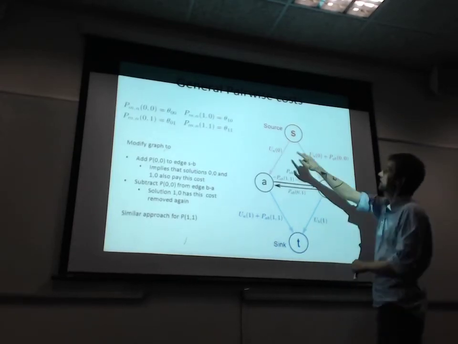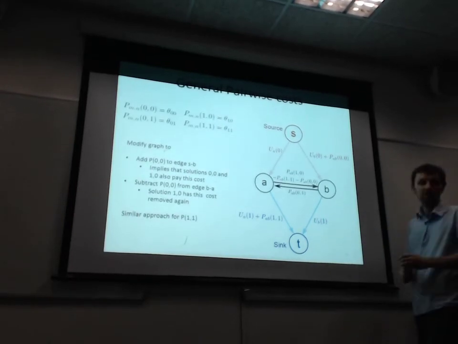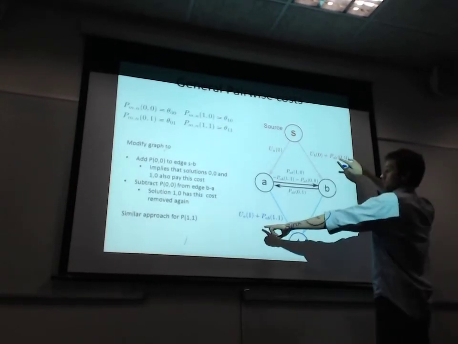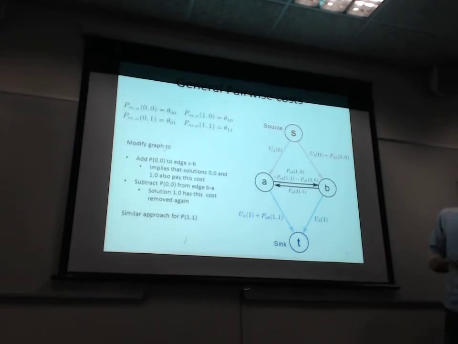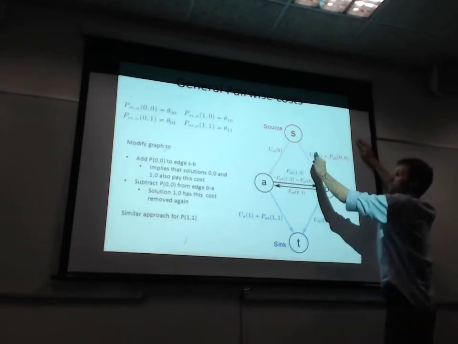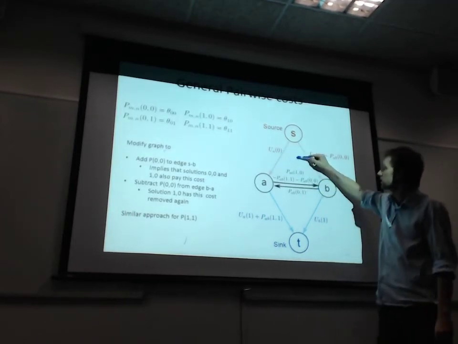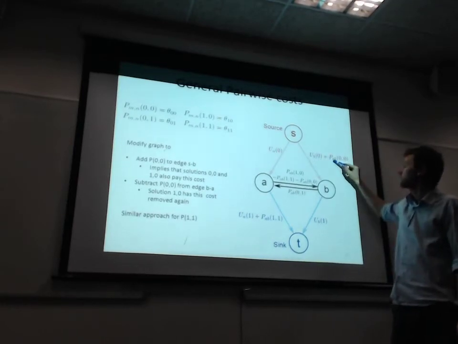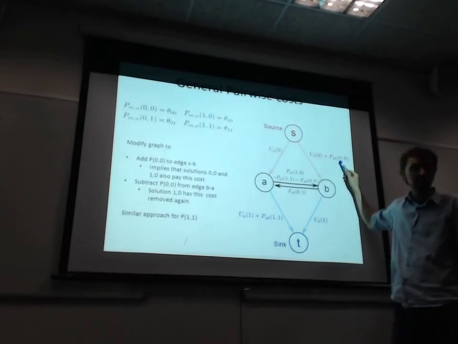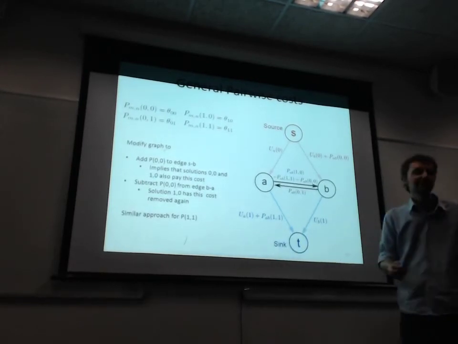We could have put this one added on here, and added this one over here, just as long as you do it symmetrically like this. Now it works out. If I cut from here, we say, great, that's A is 0, we pay the unary cost. B is 0, we pay the unary cost. And we also pay the pairwise cost of making them both 0. Similarly, if I cut this way.